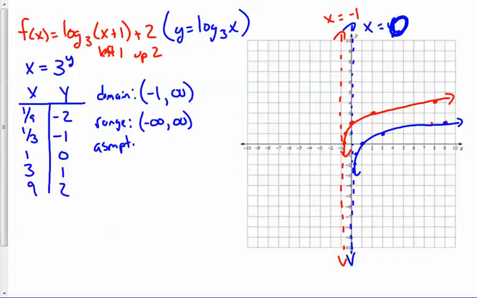asymptote x equals -1. This has an x-intercept. When y is 0, then x is -3/4, 0. Y-intercept.